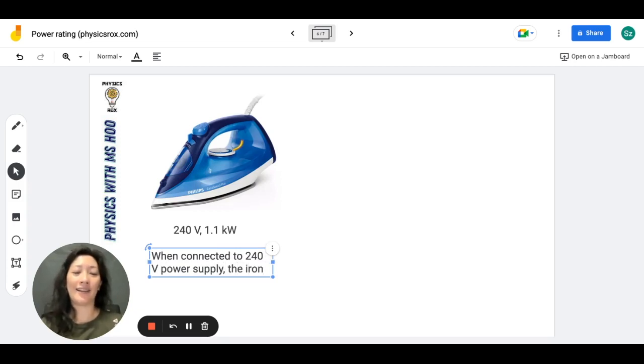The iron uses 1.1 kilowatts of power, or you can say it as 1.1 kilojoules of energy per second.